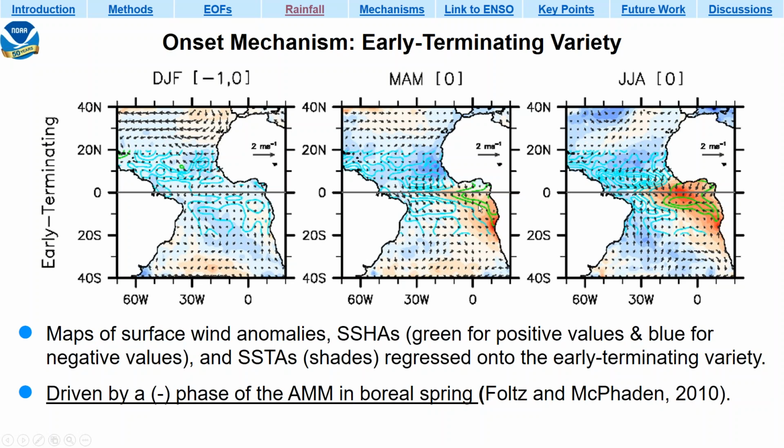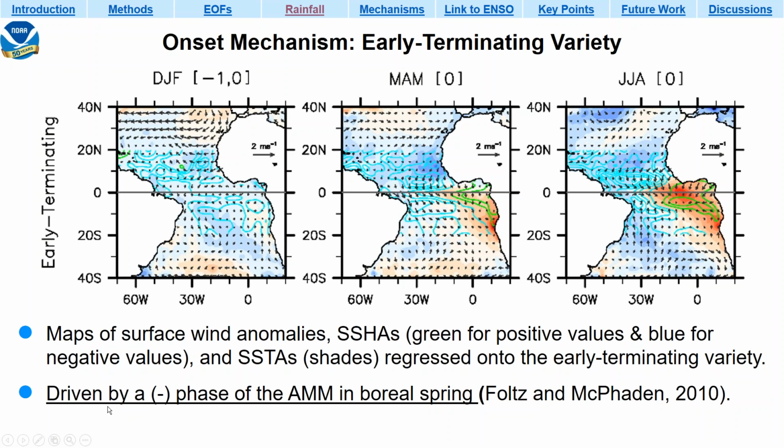So there's a piling of the upper ocean water, surface water, I'm sorry, and then increased SST here. So that becomes a full-blown Atlantic Nino in JJA.